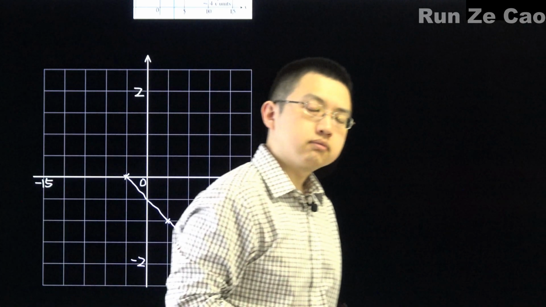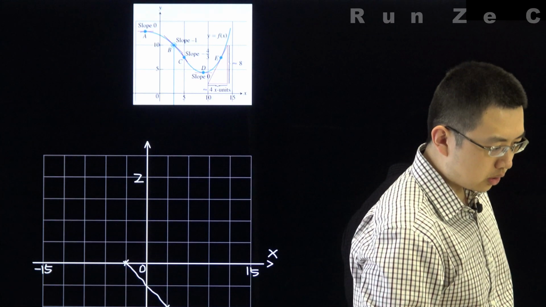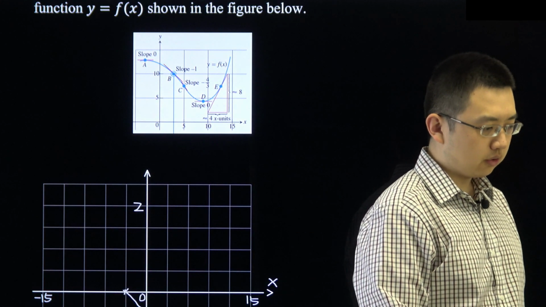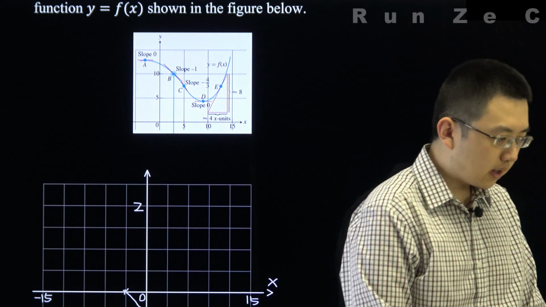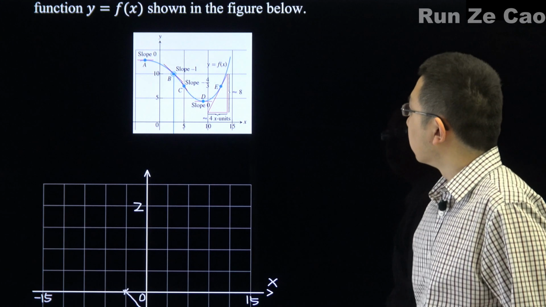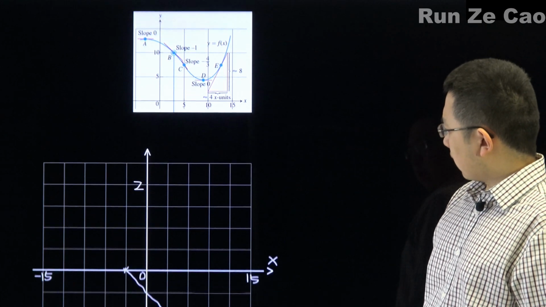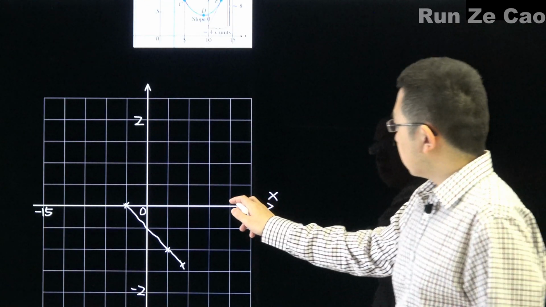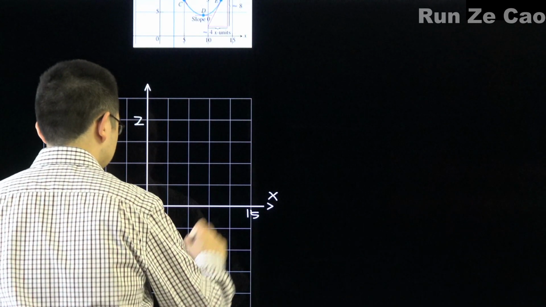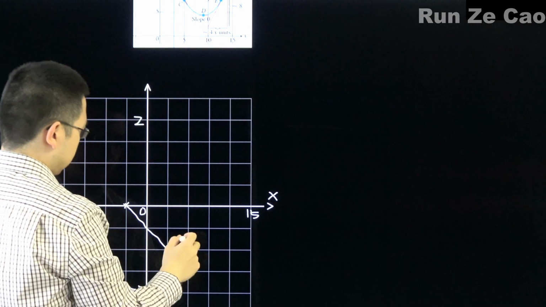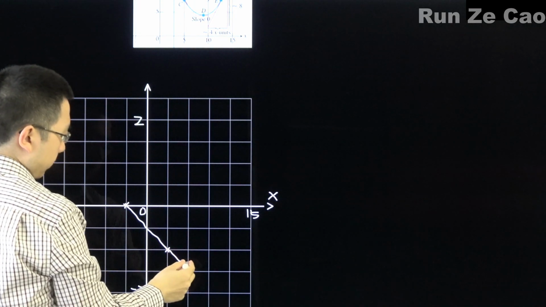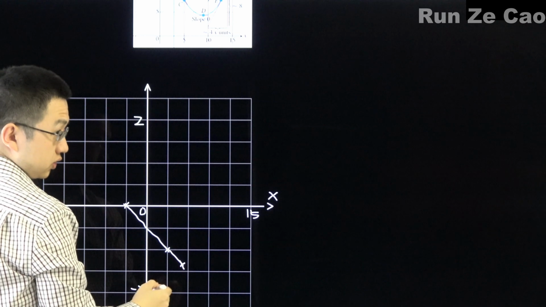Okay, and then what? Well, the slope goes back to 0 by the time we get to 9. Okay, so 9 would be here. Now, this is 1/3 of a grid away from that edge.